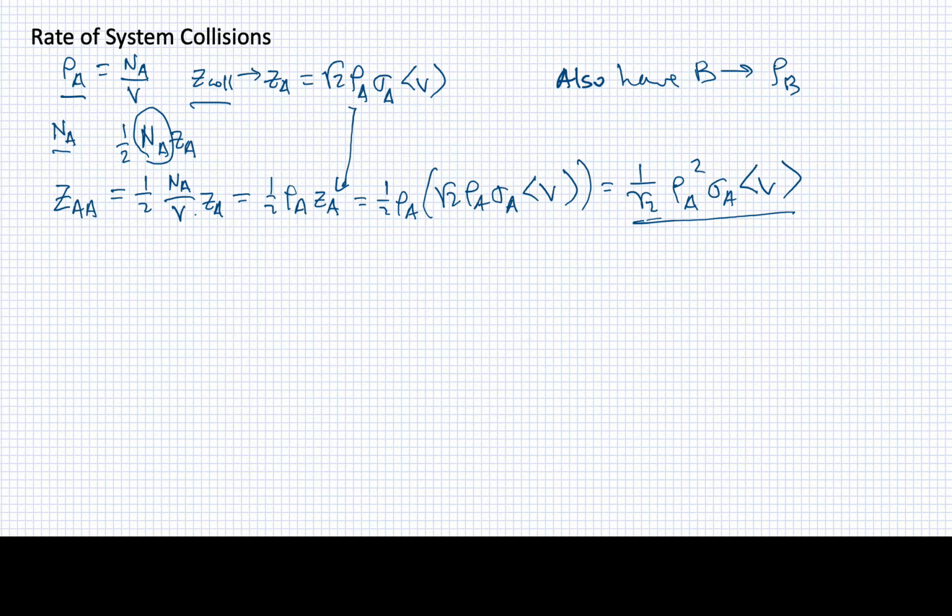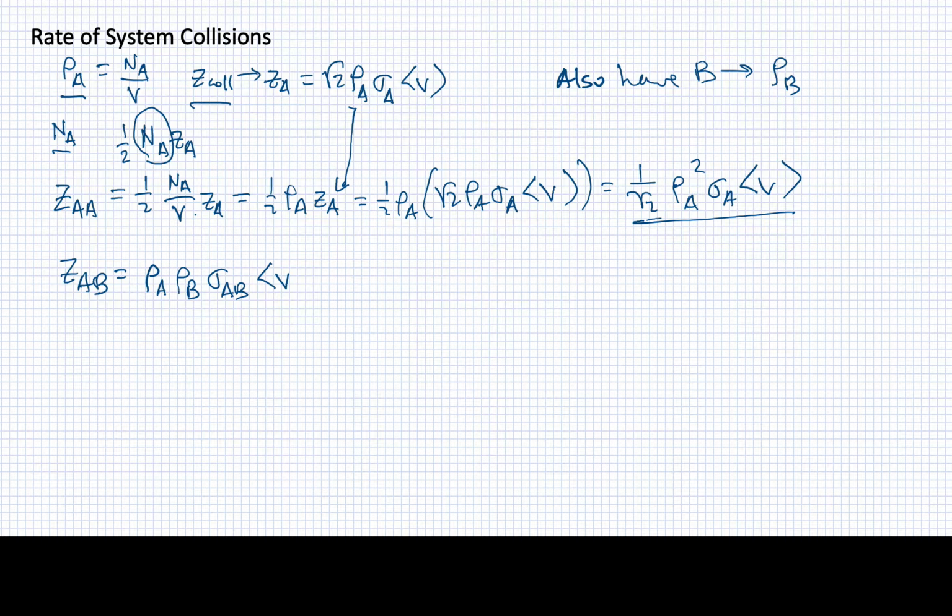Well, I hope it wouldn't be difficult to persuade you that the collision rate of these molecules is going to be similar to this rate that we've written here, except it's going to be the number density of A times the number density of B times a sort of cross-sectional area that's a relative cross-section, and then the velocity.